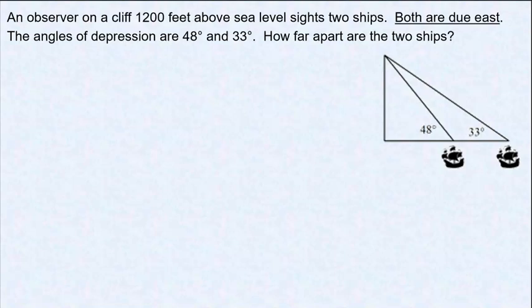The issue that students often have with this problem is they fail to recognize, or struggle to recognize would be a better word, that this is really two triangles on top of each other. So in other words, if this cliff is 1,200 feet here, this triangle, when I label it, that is the opposite leg there, and that's adjacent.